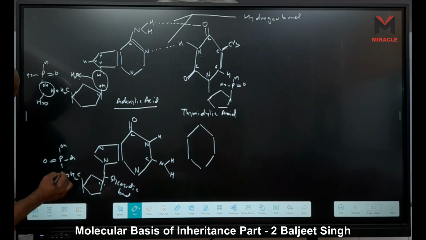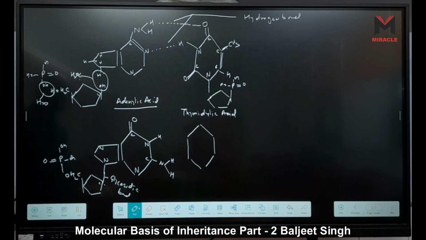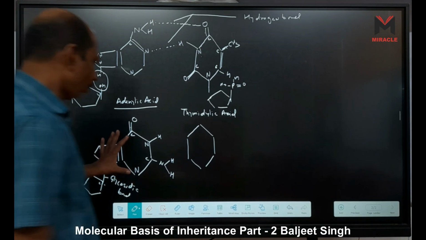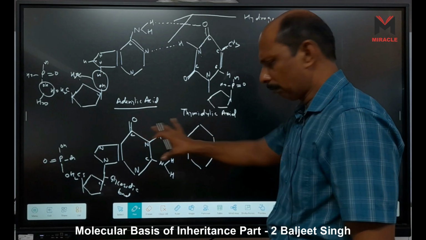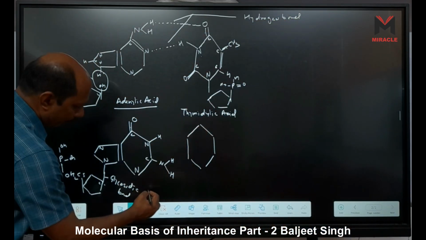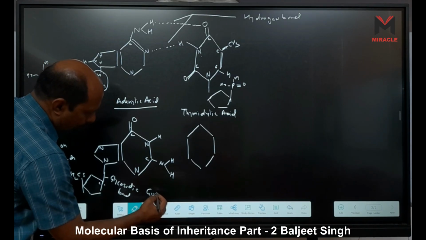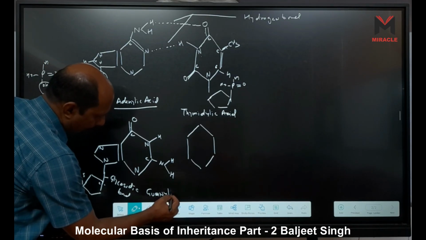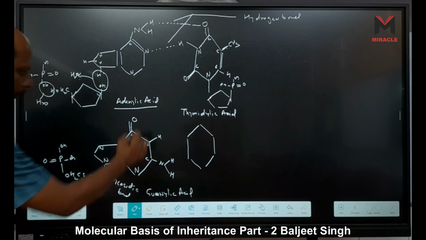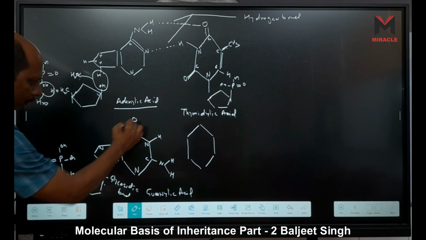Same structure, both are the same structure. It is the 5th carbon, right? Now look here how it binds with this side, because this one is our guanylic acid. Because here it contains a ketone, this one O.